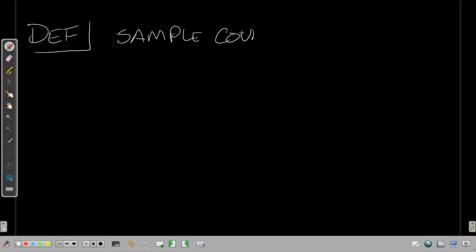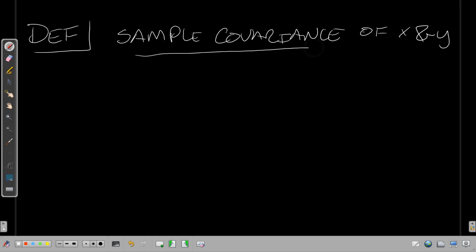Then we can define something called the sample covariance. It's not the sample variance, it's the sample covariance. It's the sample covariance of x and y. We will denote it as COV of x comma y.